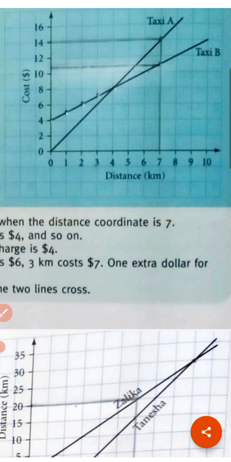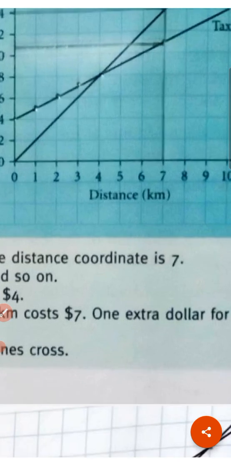See here, on the x-axis, the distance is labeled, and on y-axis, the cost, the charge per kilometer is marked. On x-axis, distance in kilometer, and on y-axis, the cost is marked. So children, on the x-axis, each unit is equal to 1 kilometer.